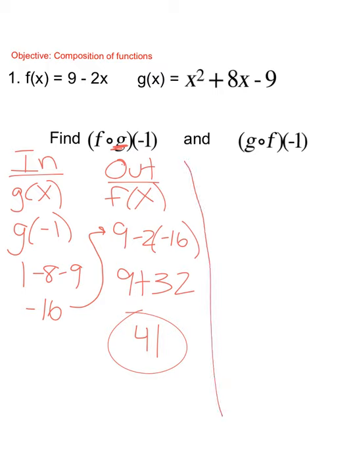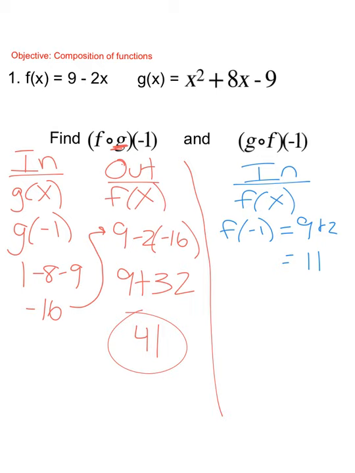And then over here, my in is f. So now we're going to do f of -1 equals 9 plus 2 is 11. And I'm going to plug that into my out.